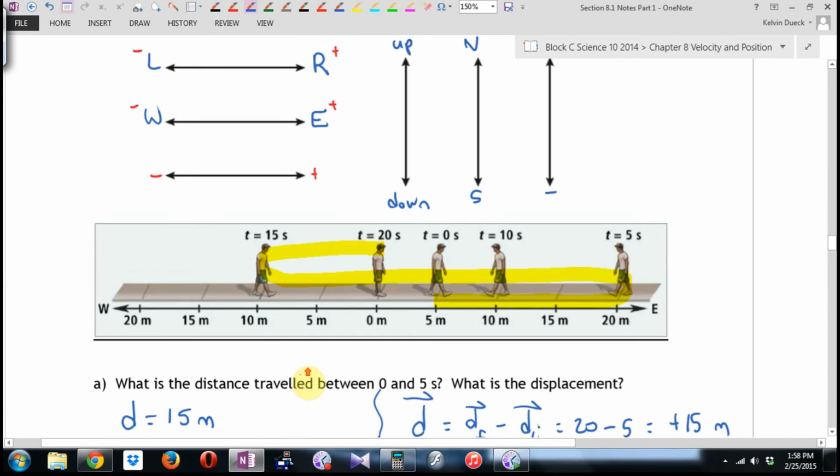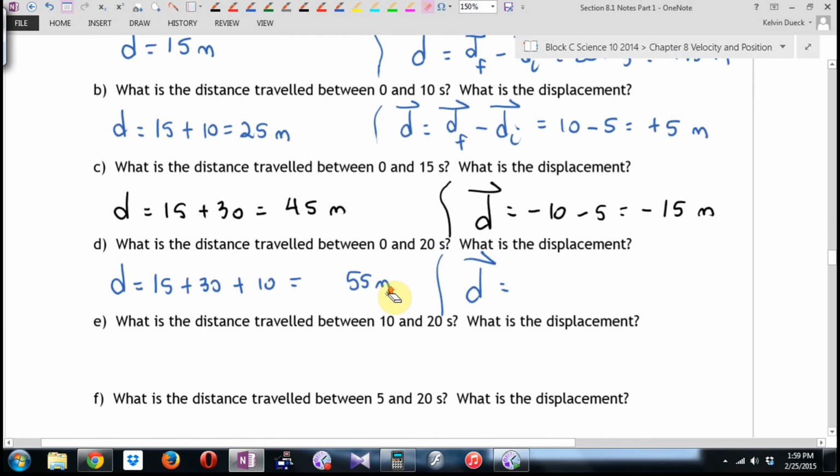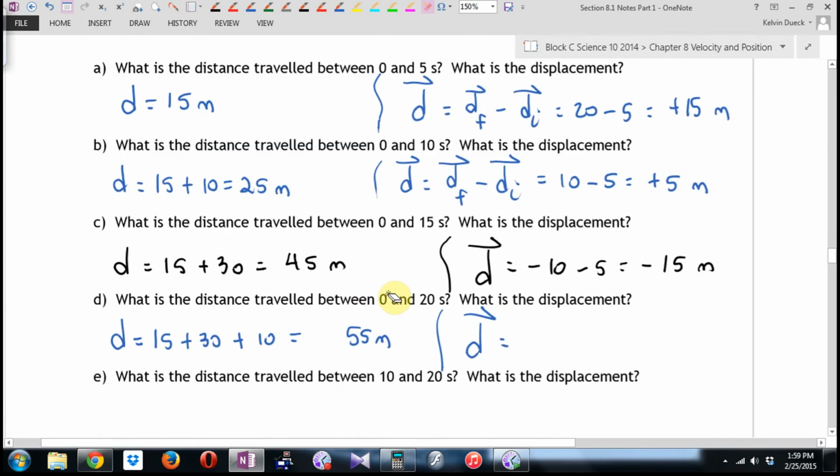Ready? Count with me by fives. 5, 10, 15, 25, 30, 35, 40, 45, turn around, 50, 55. Right? Displacement, although it's more mathematical, I think it's easier to find.